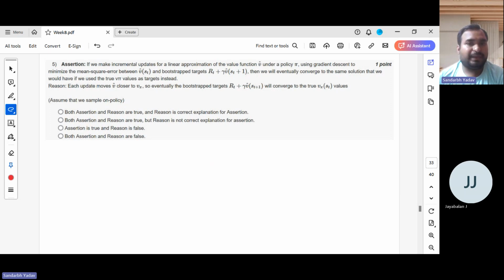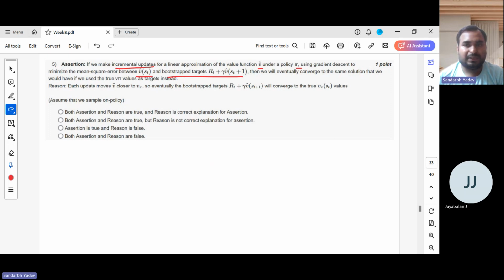So if we make incremental updates for linear function approximation of the value function v under policy pi using gradient descent to minimize the squared error between this and bootstrap targets. So these are our targets, and this is our estimate of that one.